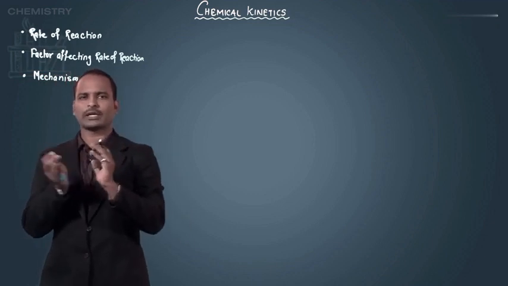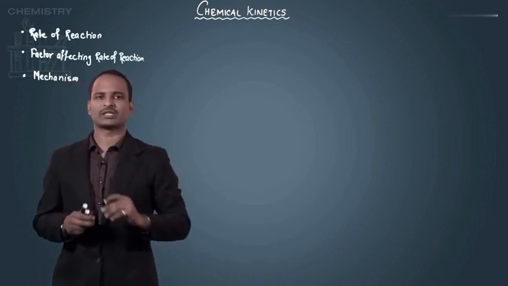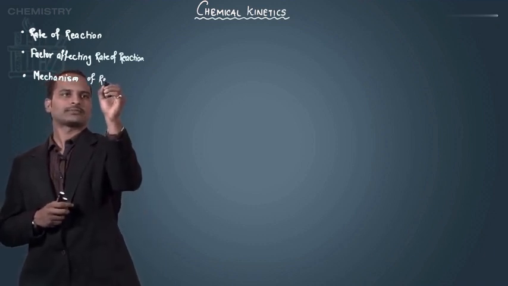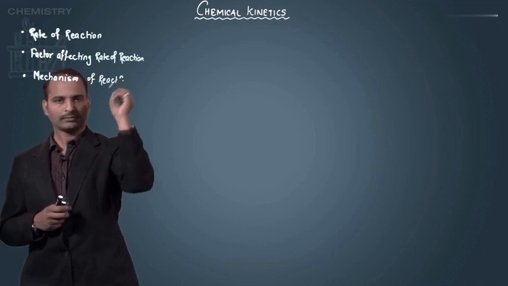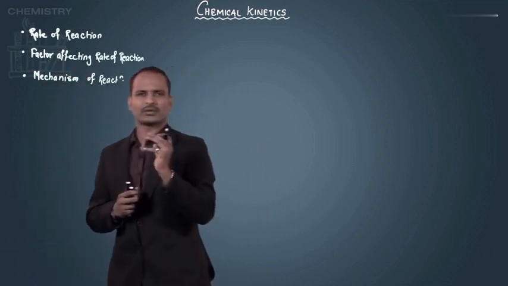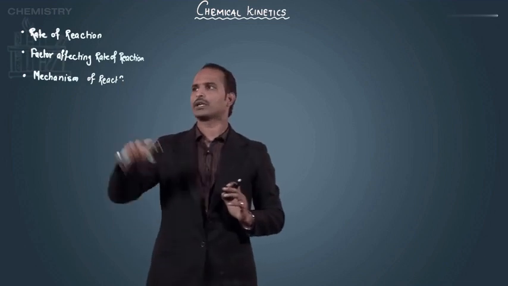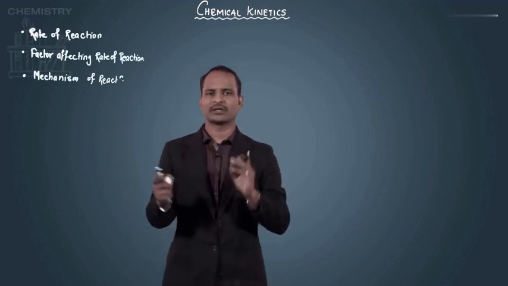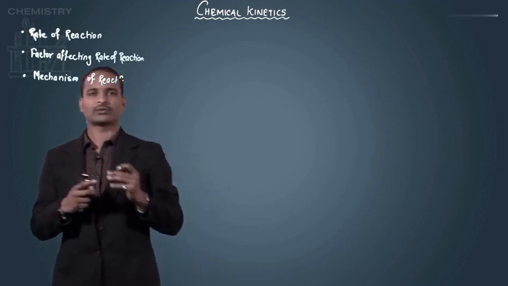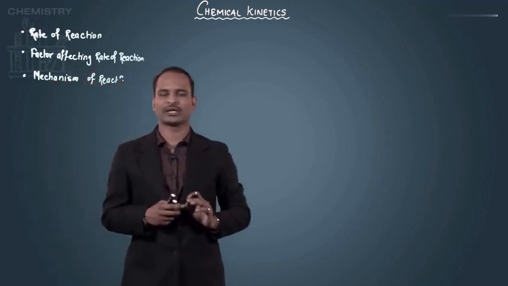I'm talking about the mechanism with respect to the rate or the speed of the reaction. In the chapter we are going to learn about all three. The majority of the part deals with the rate of reaction and the factors affecting it, and in between we will see those mechanisms also, how the mechanism decides the rate of the reaction.